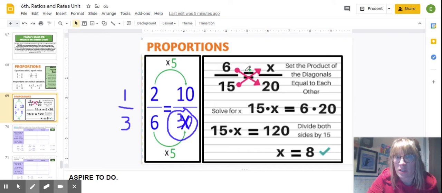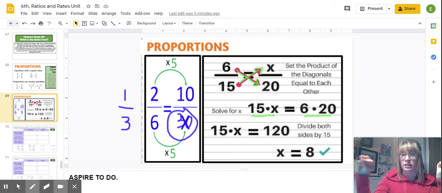Well, one way you can approach this is you can look across, on the diagonal, and you set the product of the diagonals. Product meaning answer to a multiplication problem. So you can see 6/20 and you can see 15x, right? 15 times x, the product of that will be equivalent to the product of 6 times 20. Okay. So then you can solve.